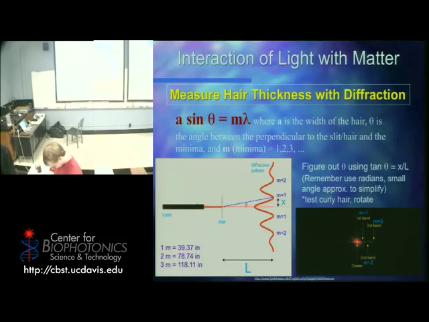Should we measure how far these are? Fire the laser. No, that's two meters. Yeah, two meters.